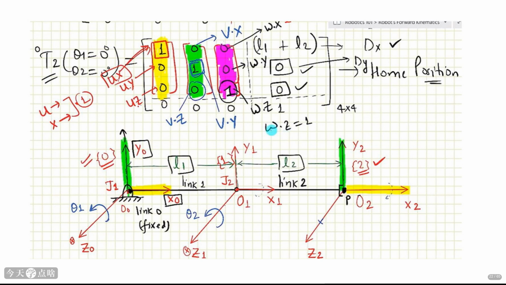The axes x0, y0, z0, x1, y1, z1, x2, y2, z2 help visualize the transformations. The displacement vector dx, dy represents the position of the end effector P. By applying the forward kinematics equations, we can calculate dx and dy for any given theta 1 and theta 2. This is the fundamental capability of forward kinematics.